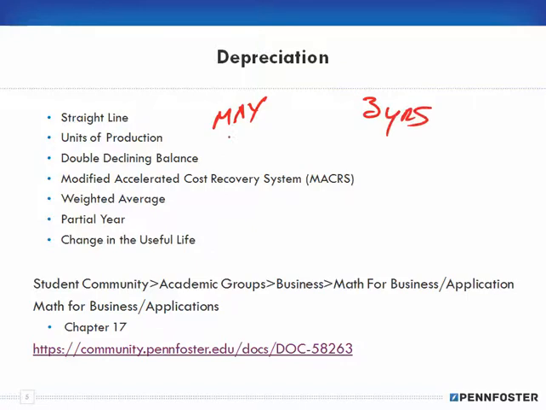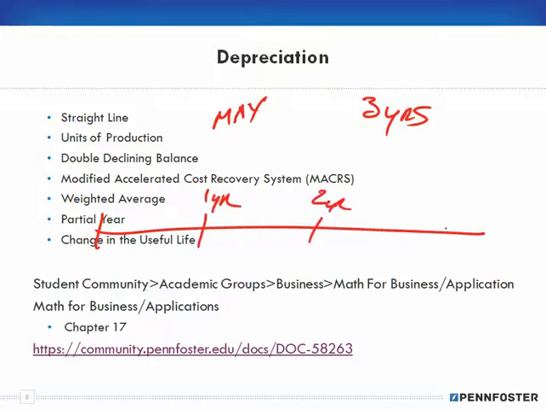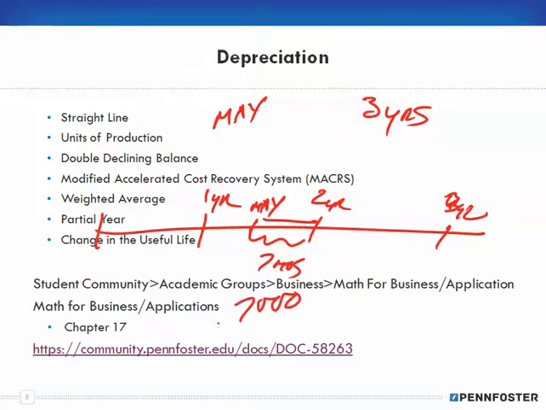Well, here's year 1, year 2, and here's year 3, and you're starting here in May. So you're depreciating for 7 months in that year, and that's all the partial year depreciation matters. So if it was $1,000 a month, it would be $7,000 for that particular year as far as depreciation.